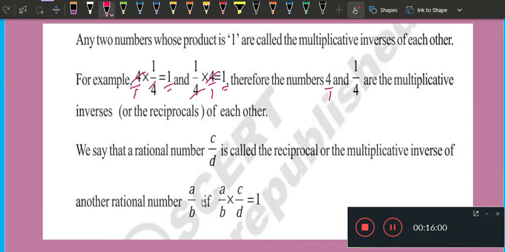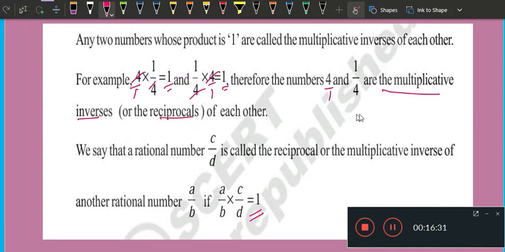So that is the reciprocal. Okay, students, note down this point: the multiplicative inverse means reciprocal.